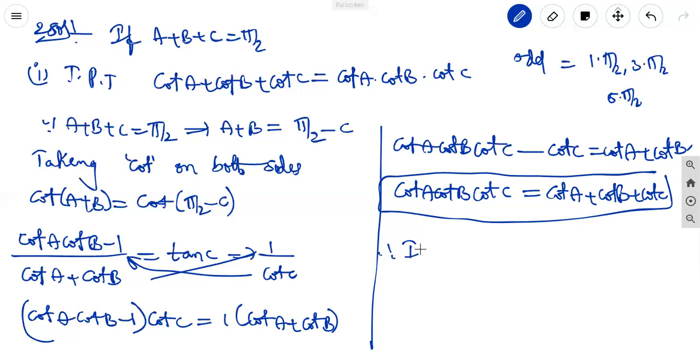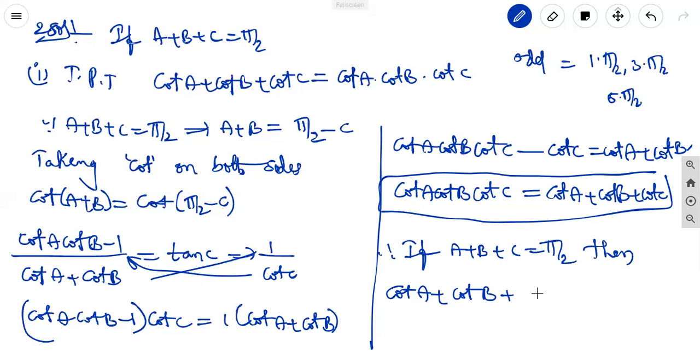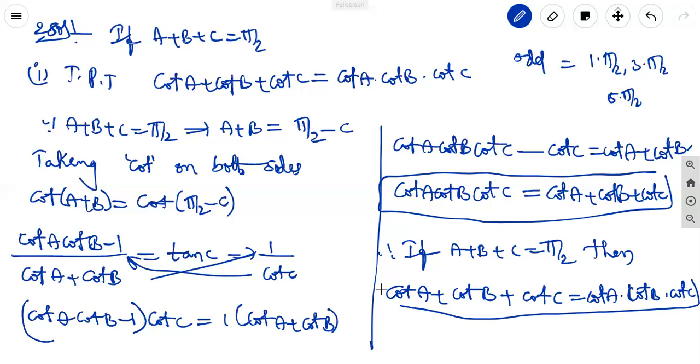Therefore, if A plus B plus C is equal to pi by 2, then cot A plus cot B plus cot C equal to cot A into cot B into cot C. This is the solution.